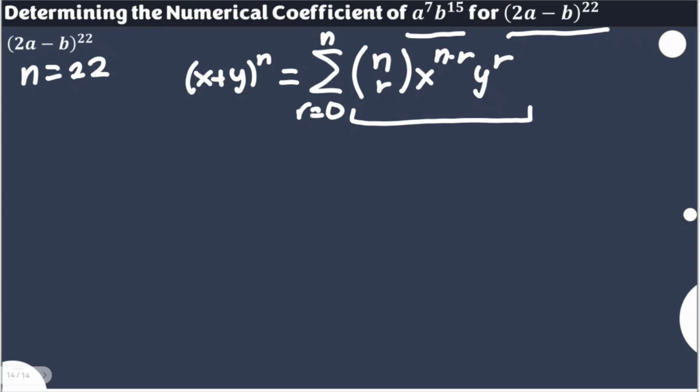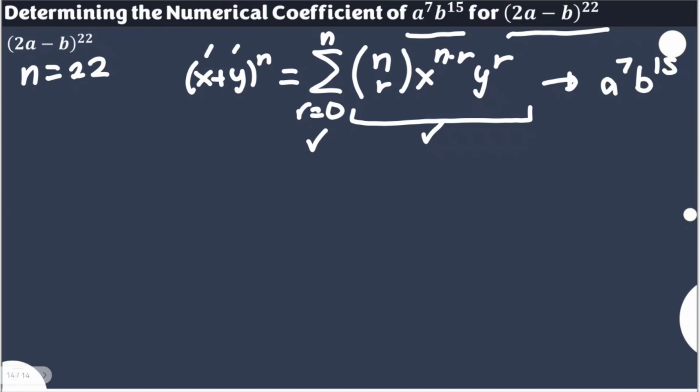We don't actually need the summation, just this portion, because we just need the numerical coefficient of a single term, where the literal coefficient is a to the power of 7, b to the power of 15. Take note that in our formula we're using x and y.